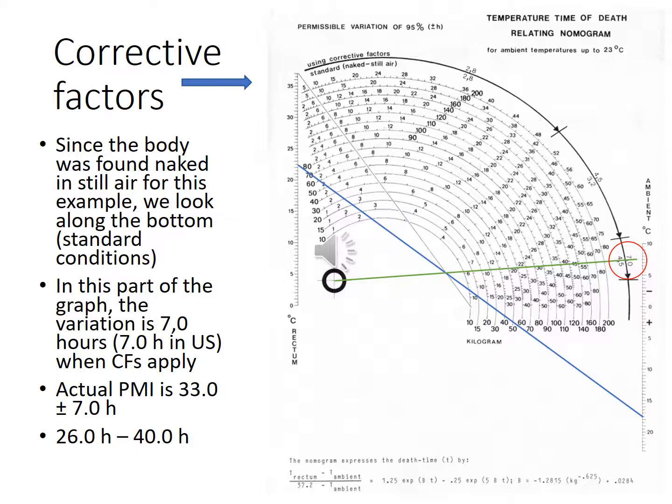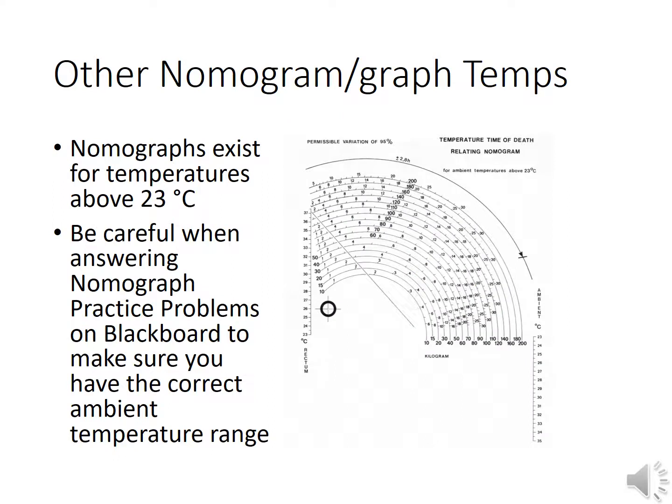But in the real world, spreadsheet software that has that sort of equation set is much more common. It's universally used. Nobody's using nomograms for criminal investigations these days. They're using that sort of thing. But it was an important historical piece, and like I said, if nothing else, it's fun. Now, the nomogram that we used is good for temperatures up to 23 degrees Celsius.